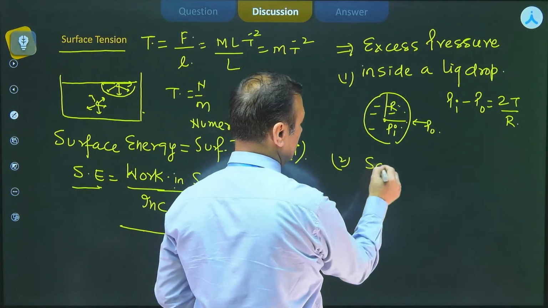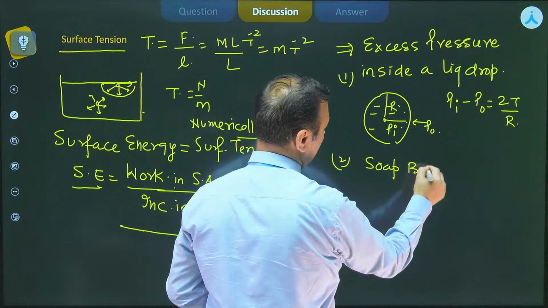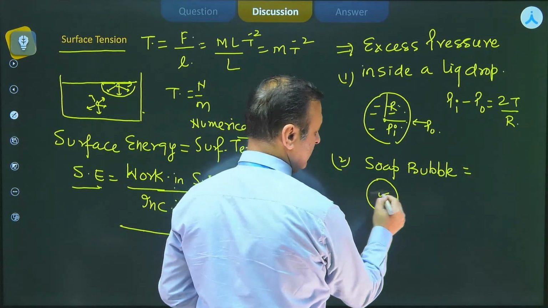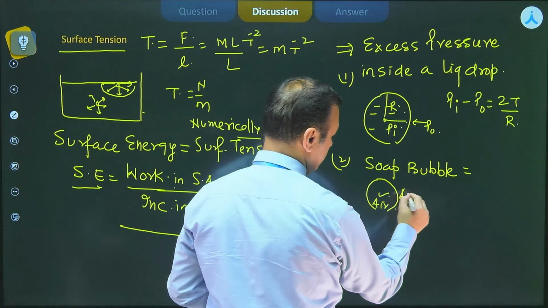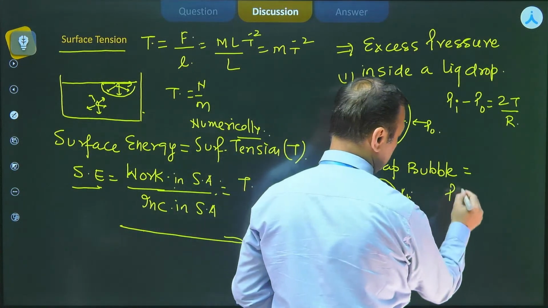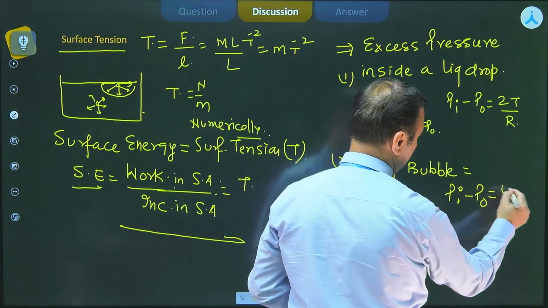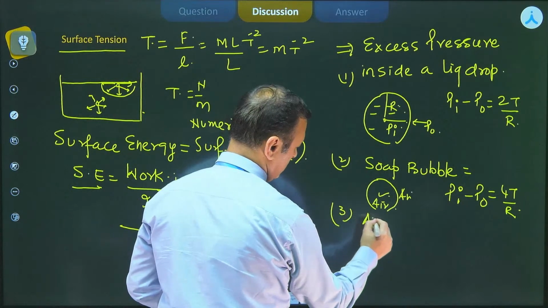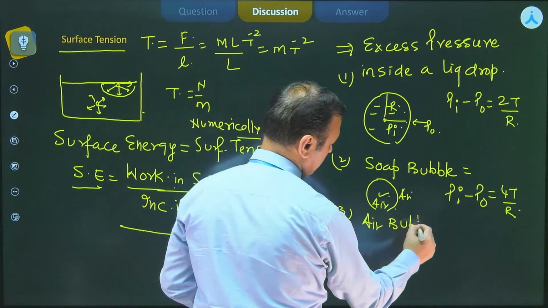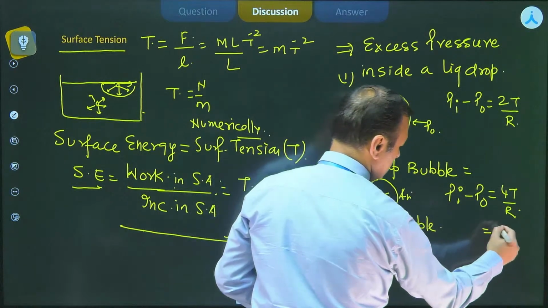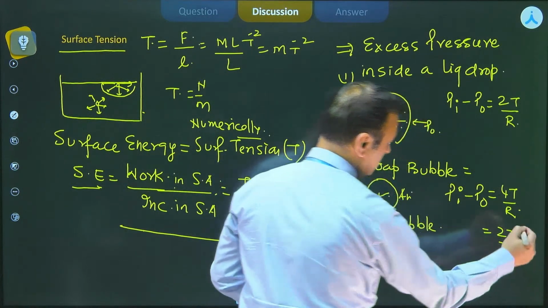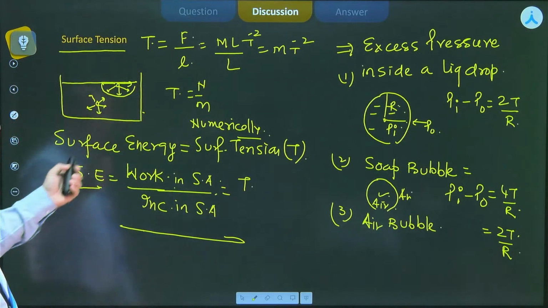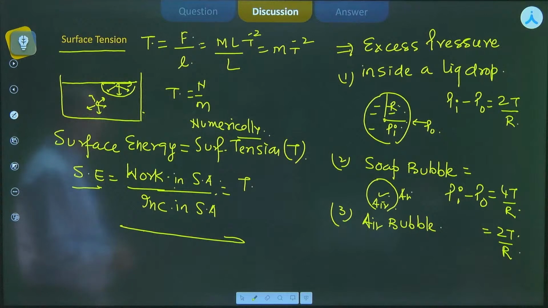If you have a soap bubble, which has two surfaces, because inside is air and outside is air, the excess pressure is given by 4T by R. For an air bubble in a liquid, we have only one free surface, so that is 2T by R only. These are the formulas you need to remember from this part.